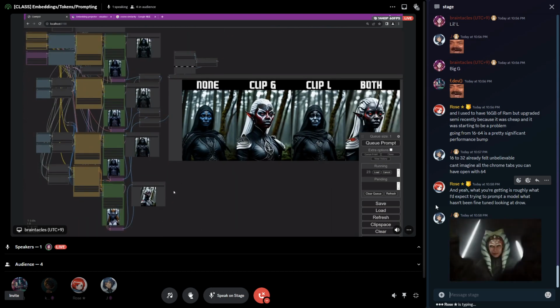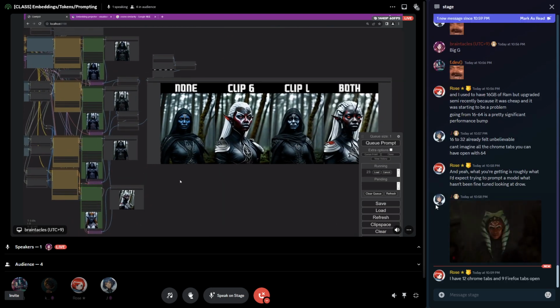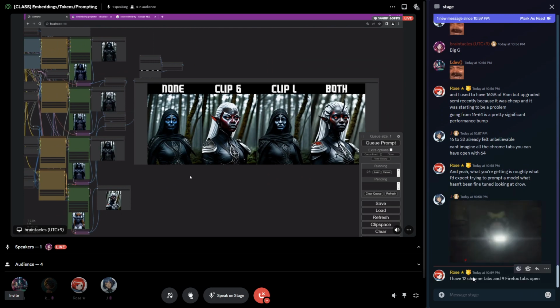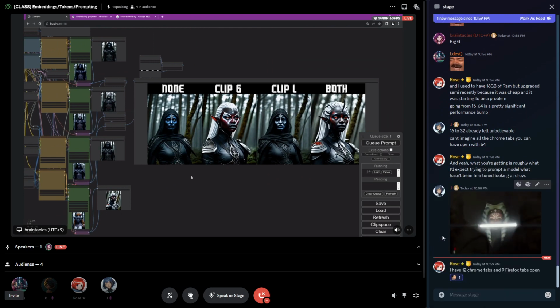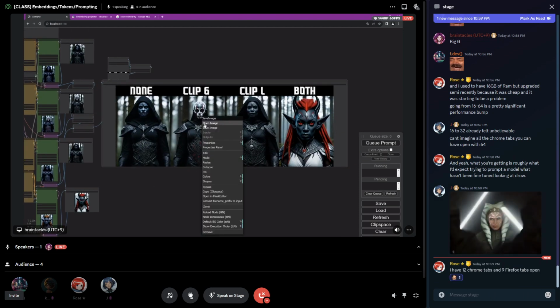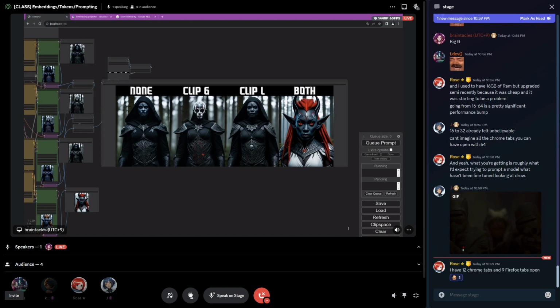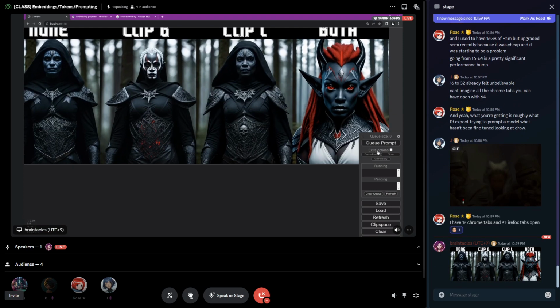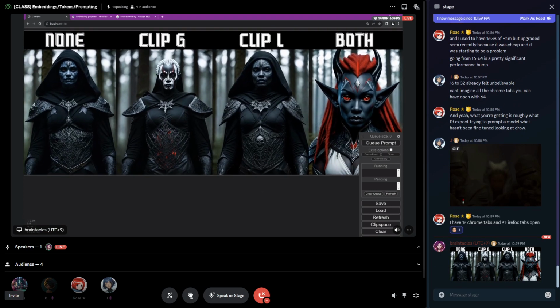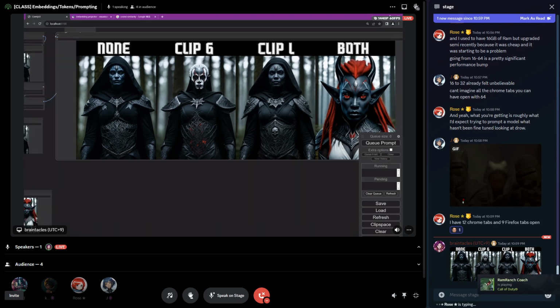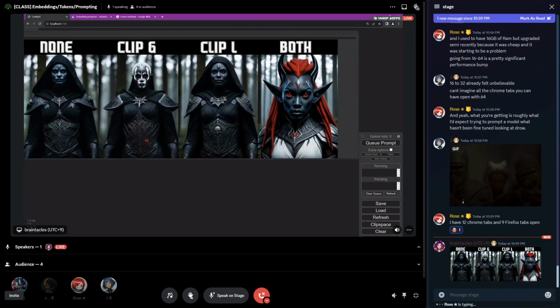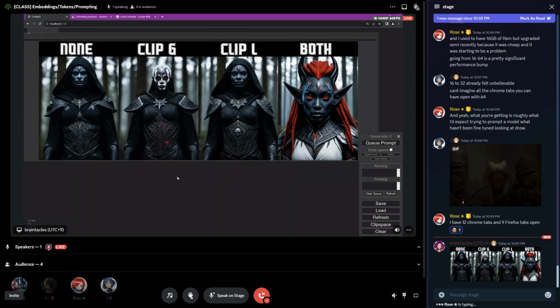It's really interesting to see the combinations. There you have it. It's not bad, to be honest. I don't know anything about drows, but without the horn, I feel like this is it, maybe. White hair, no white hair. Bad.